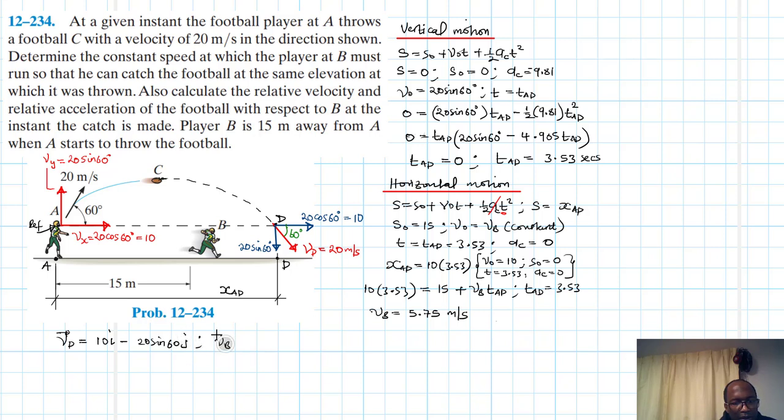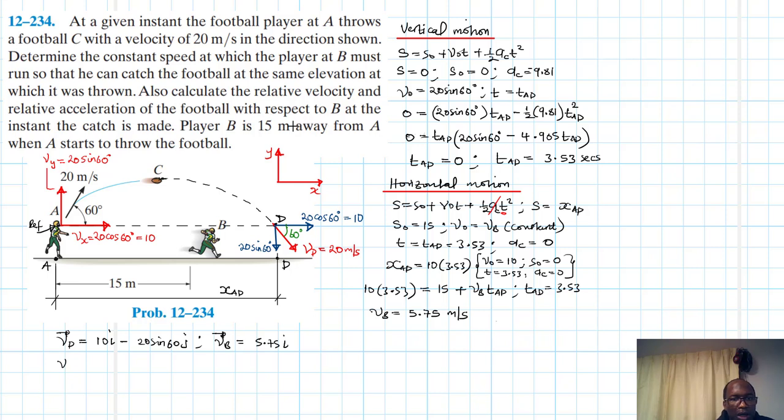And then v_B as a vector is just equal to 5.75i. All right, there we go. So this is x and this is y. Okay, and then of course v_D.